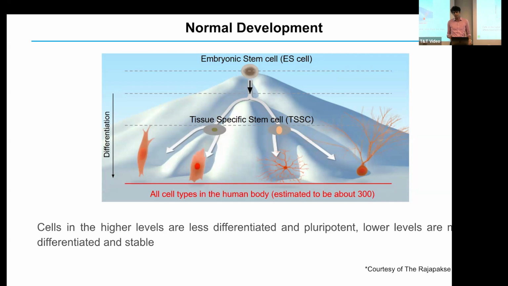This idea of a physical marble rolling down was ideated by Waddington, and this is the famous Waddington landscape. And as the cell goes down, it gets more specificity towards that particular cell type.